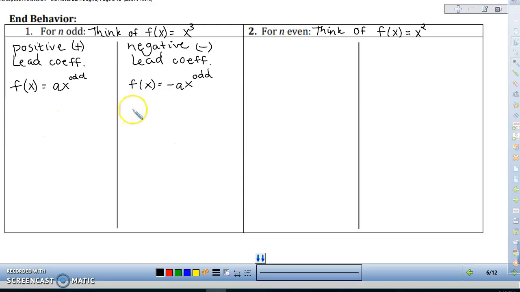So over here on the left, if my lead coefficient is positive with an odd degree, my end behavior is going to look like this. I like to just draw it. We would write this as falls left, rises right.